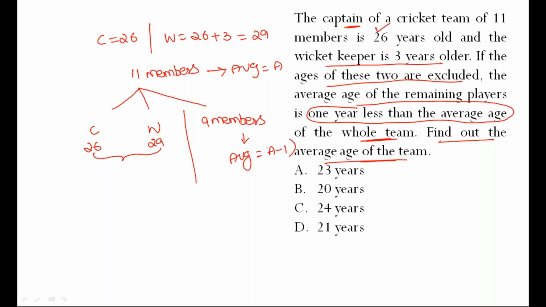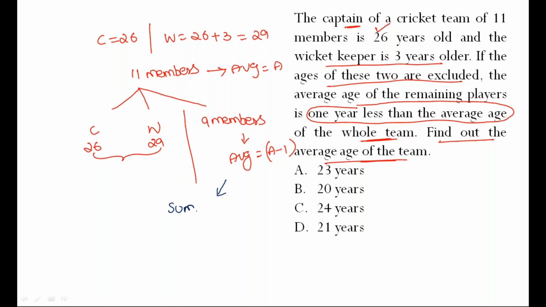Why A minus 1? It is 1 less than the average of the whole team. We don't know the average of the whole team, fine, no problem. But the 9 members' average is 1 less than the average of the whole team. If the overall average of the team is A, then these 9 members' average is A minus 1. Now, guys, apply sum equals average into number of.